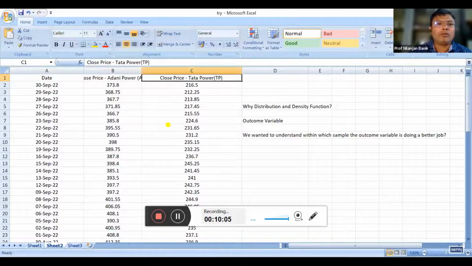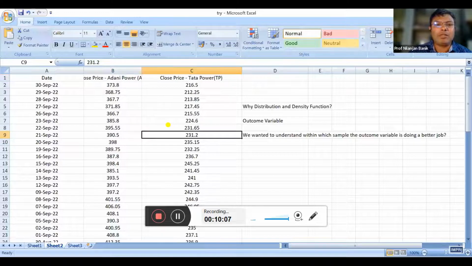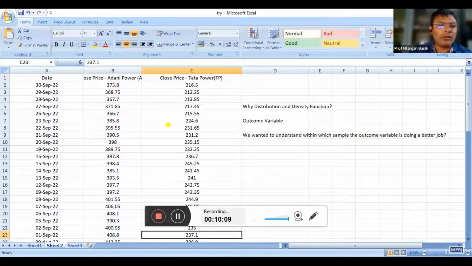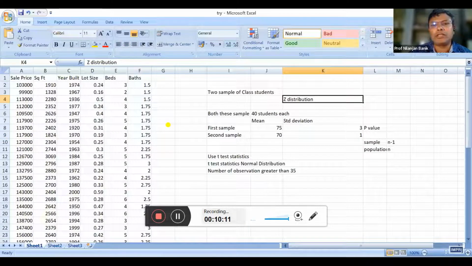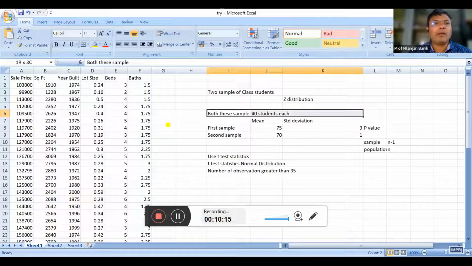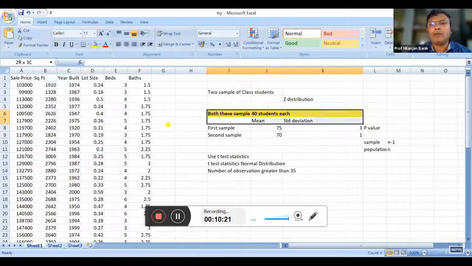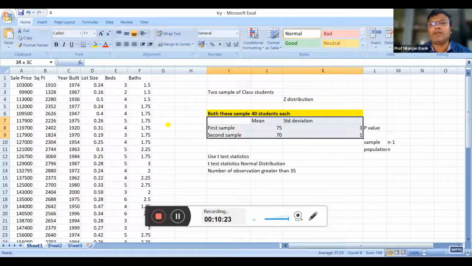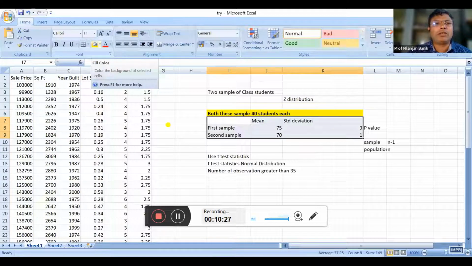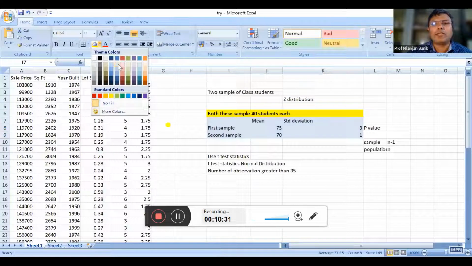So this is similar to what we were doing in sheet one, where you have these two samples, and as I said, in both the samples you have 40 students. But if I were to ask you which one of the samples is better, this is what we were trying to understand.